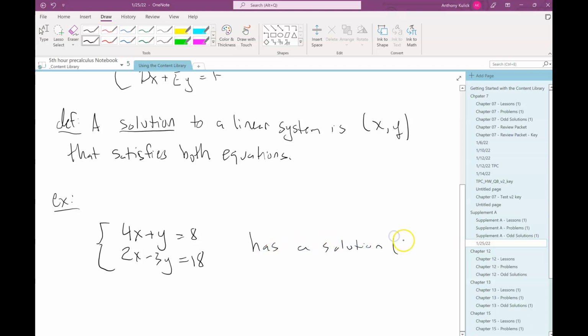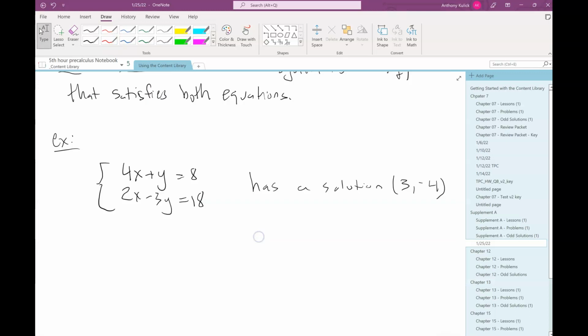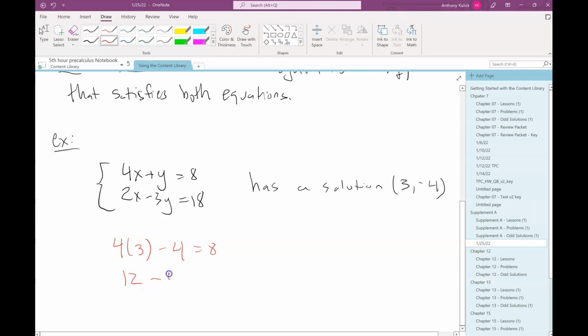And let's say then the solution for this system is 3, negative 4. To verify that this is a solution, I should be able to plug in 3 for x and negative 4 for y, and both equations should be satisfied.